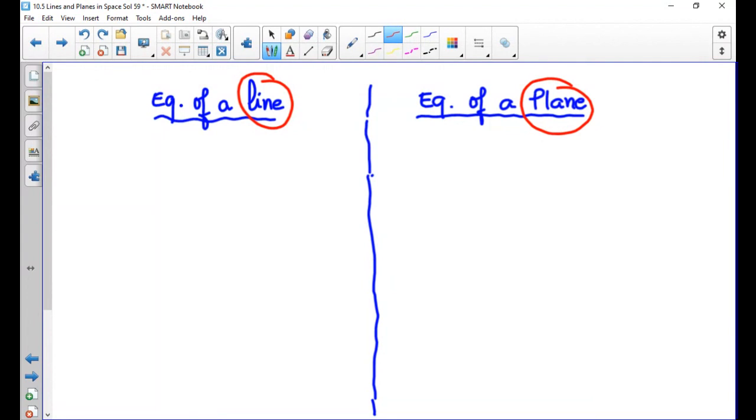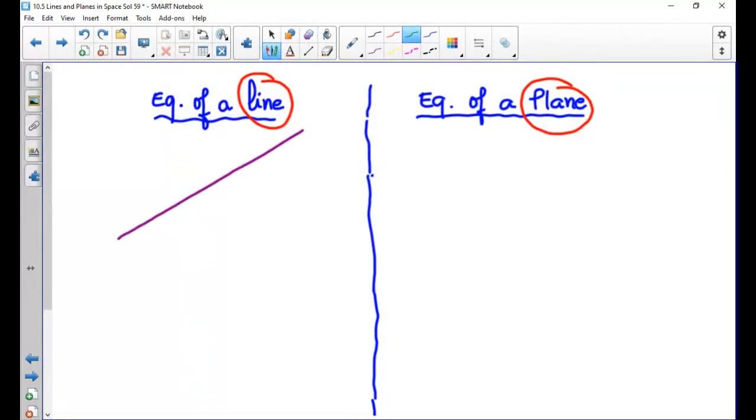I will now summarize a little bit the most important thing you need to know here. How to find the equation of a line. What do we need to find the equation of a line if we are in 3 dimensions? We need 2 things. Do you remember what they are? We need the vector, yes. So you have a line, you want to find its equation.